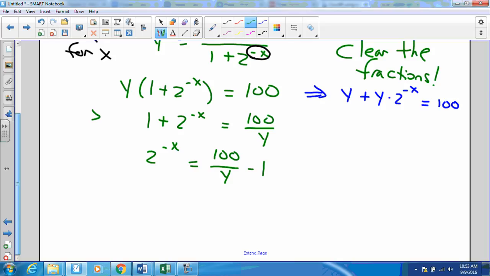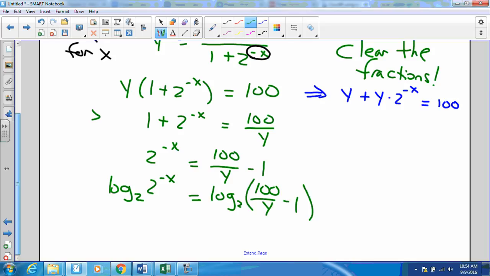So notice that inverting does not mean reciprocals. That's where your mind wanted to go. Inverting means finding the inverse function. And that inverse function is the log. So I take log base 2 of both sides. Like that.